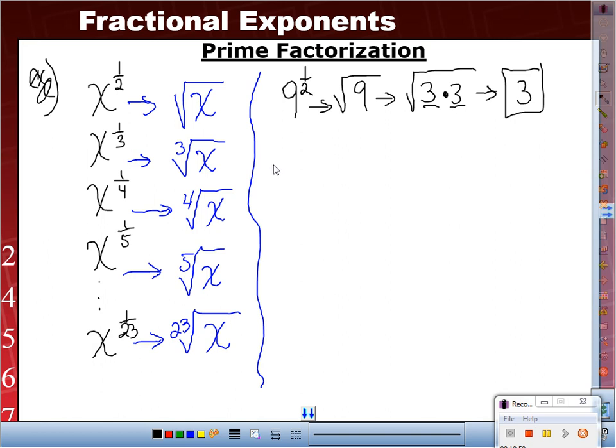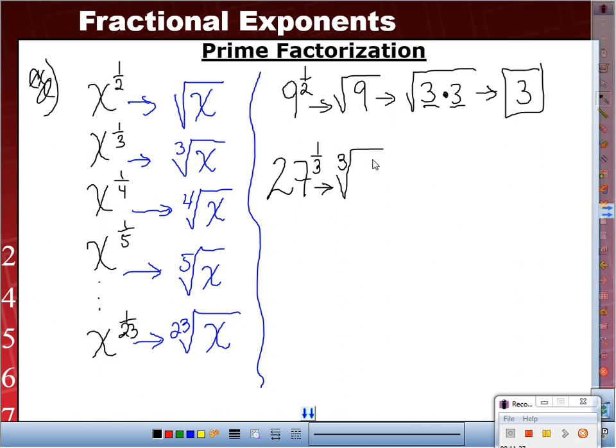Let's try another one. Let's do 27 to the 1/3. So 9 to the 1/2 became square root of 9. 27 to the 1/3 becomes what?